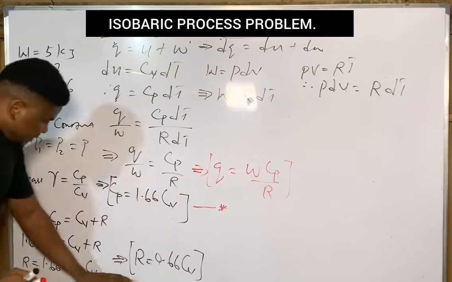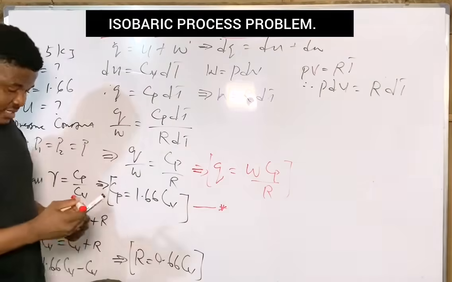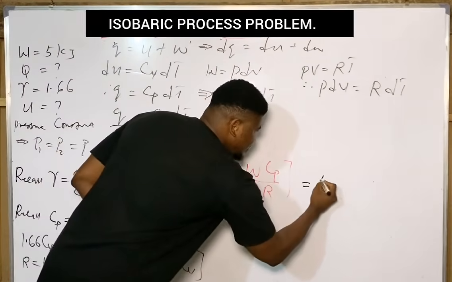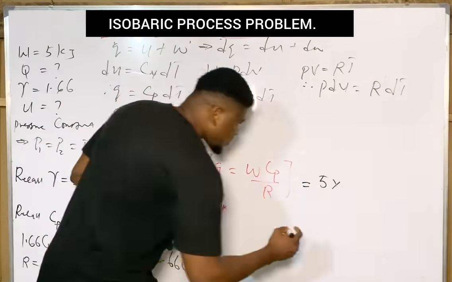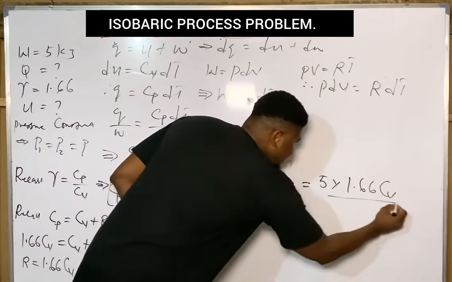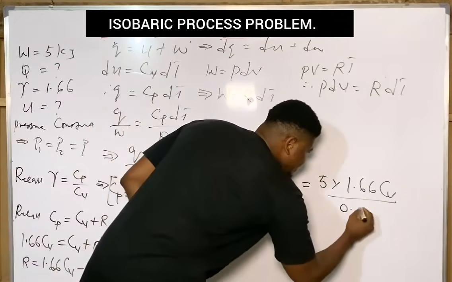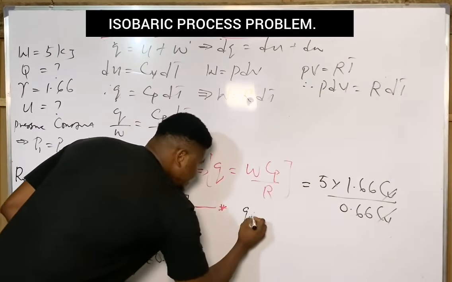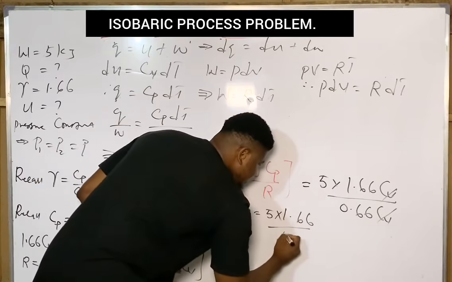From here, if we have R and we have Cp, we simply plug into this equation to find the value of our heat. Heat is equal to work, given as 5 kilojoules, multiplied by Cp, which is 1.66 Cv, all over R, and R itself is 0.66 Cv. Cv cancels Cv. This means that the heat supplied equals 5 times 1.66 divided by 0.66.